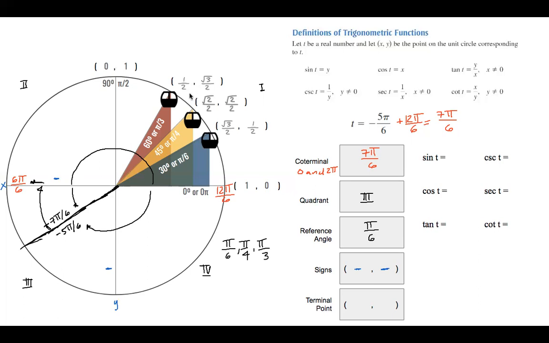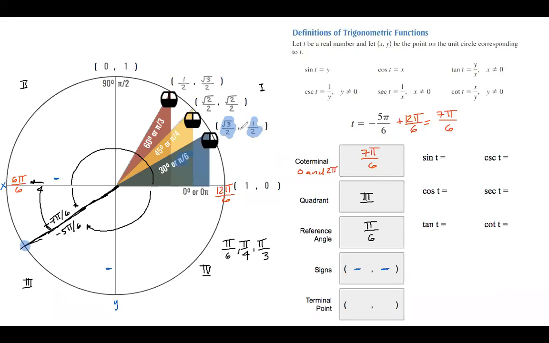Now, let's turn our attention to this angle right here. We're using a reference angle of pi over 6. That angle produces a coordinate of square root of 3 over 2, comma 1/2. That means that this coordinate down here has to use the same values, but we have to use the appropriate signs.